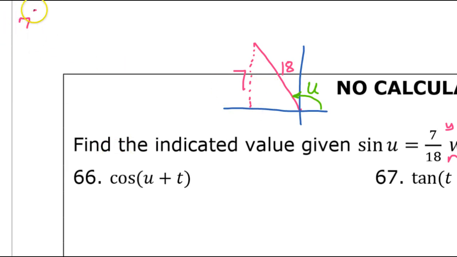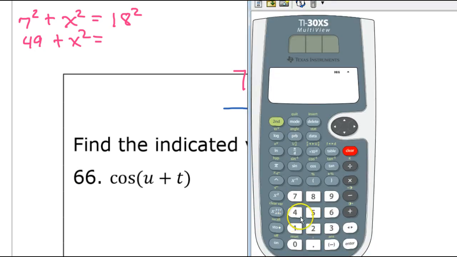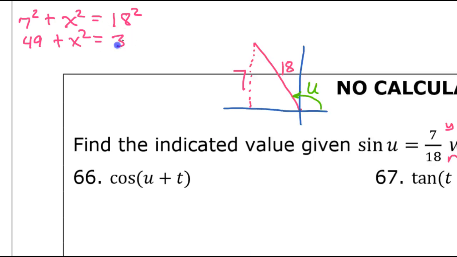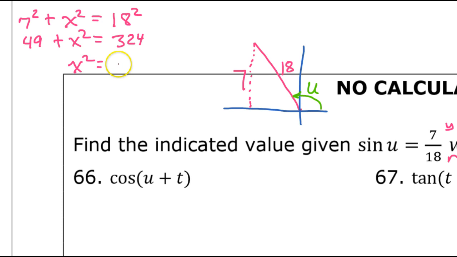So this is going to be 7 squared plus x squared is equal to 18 squared. And so we will just solve the Pythagorean Theorem. So this would be 49 plus x squared is equal to 18 squared. So that's 324. Minus 49. So we have x squared is equal to 275.